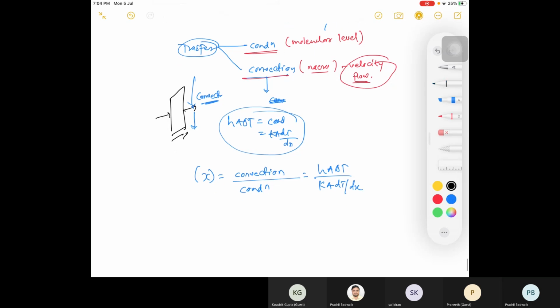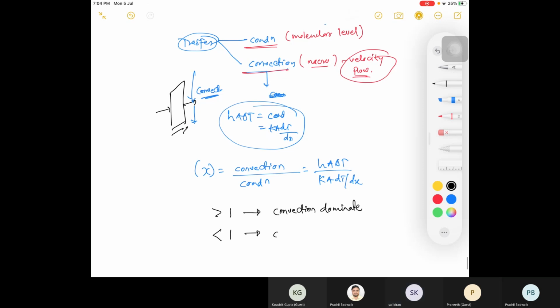Now suppose this ratio is greater than 1 and if the ratio is less than 1, what can you tell here? Sir, if it is greater than 1, then convection dominates. Right? And if it is less than 1, then conduction dominates. So what is this number X? Nusselt number. It is your Nusselt number.